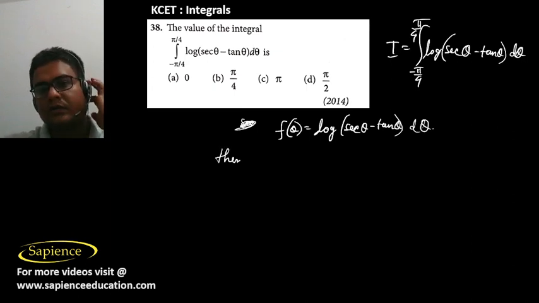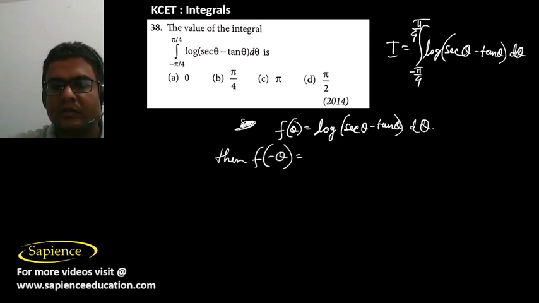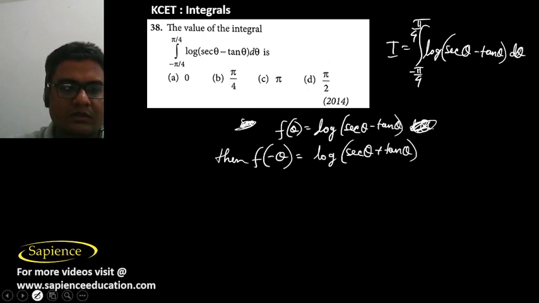Here, let's say f of theta is log of sec theta minus tan theta. Then f of minus theta, that is how much? F of minus theta will be log of sec of minus theta, which is sec theta, then tan of minus theta is minus tan theta, so this is sec theta plus tan theta.